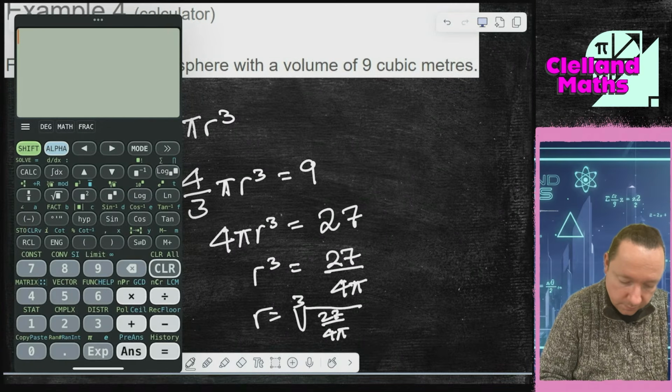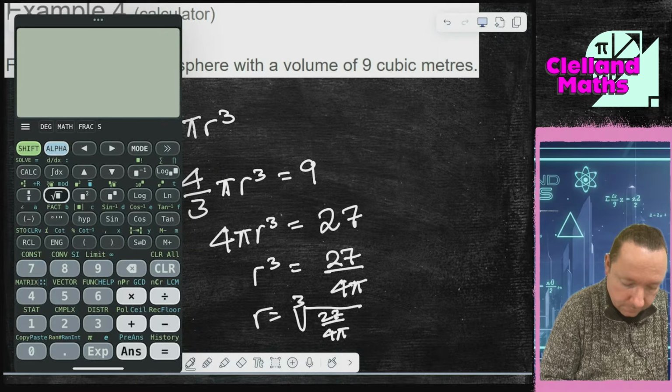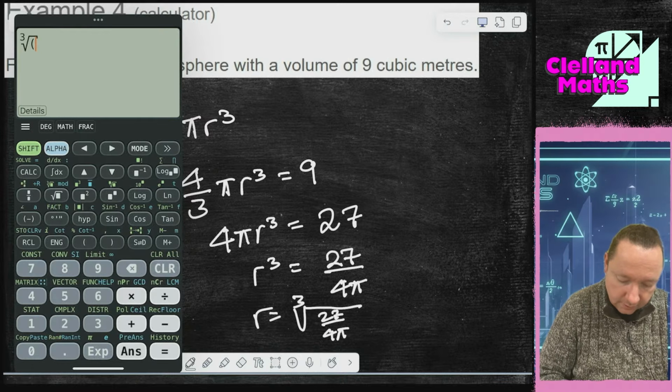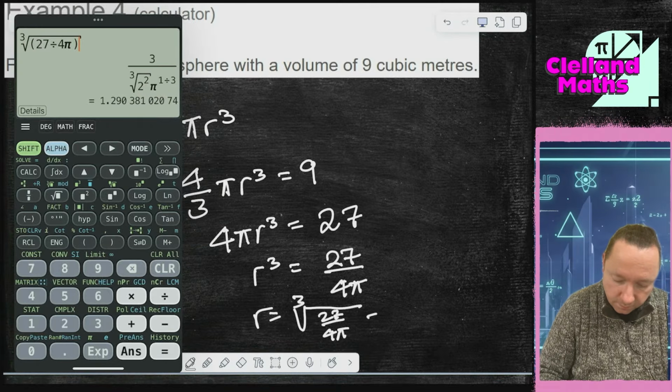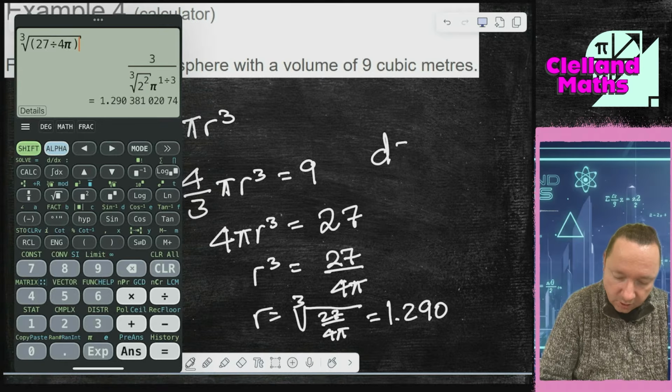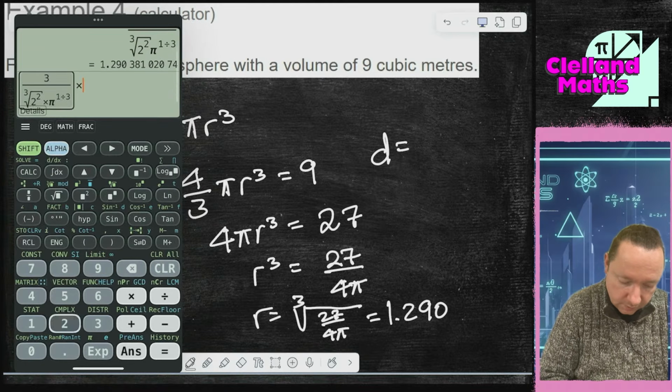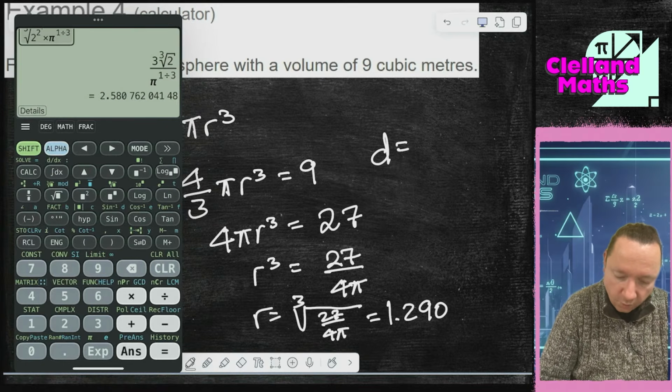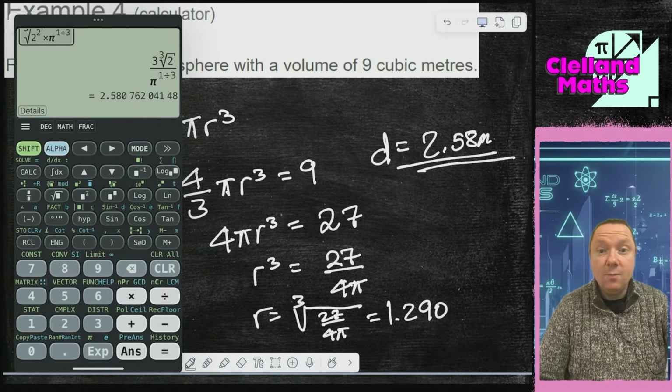So calculator, cube root, brackets, 27 divided by 4 pi is 1.290. So that means that my diameter is double that, about 2.58 meters. And we're done there.